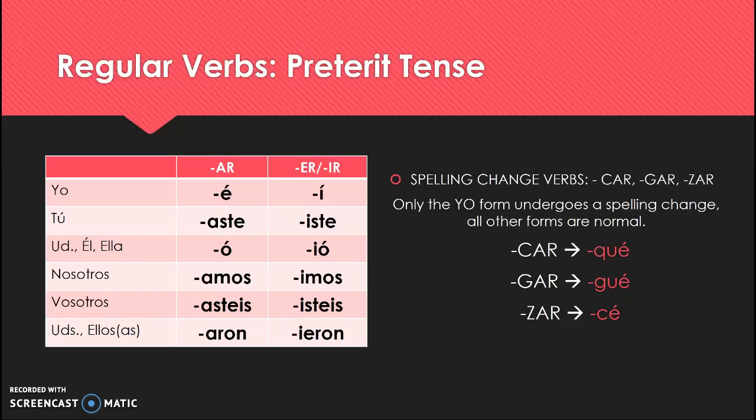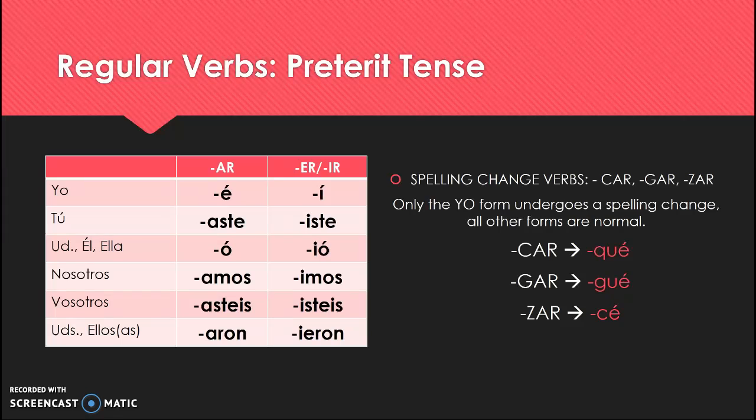Now, -zar does not follow any type of sound rule. It's just a rule that z and e can never be next to each other. So even when we make a word like lápiz, pencil, plural, to lápices, the z changes to a c. So the same thing happens here in the yo form.